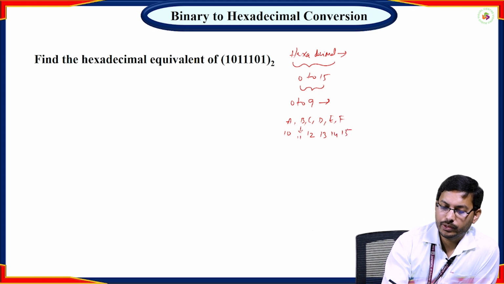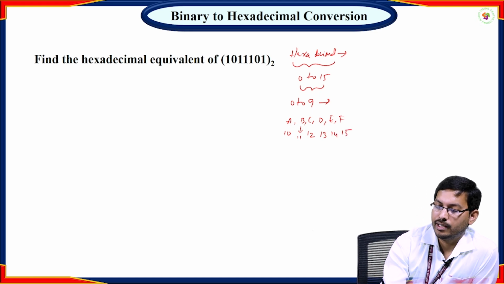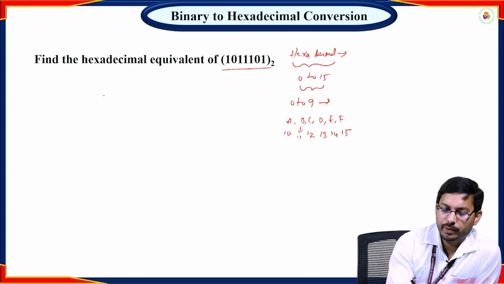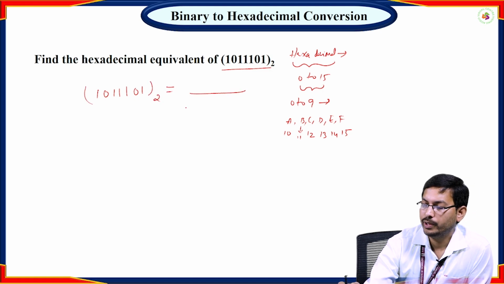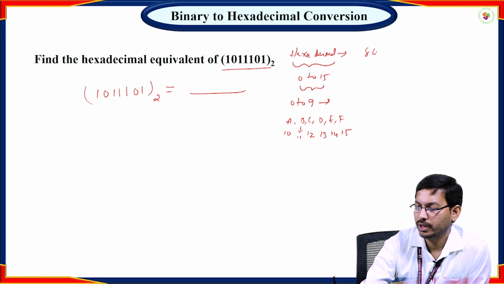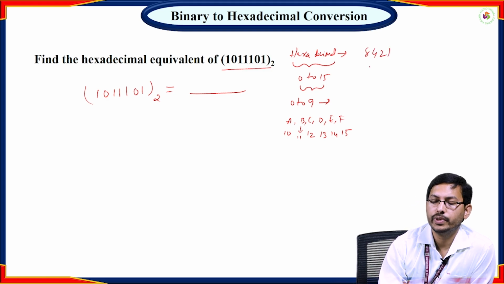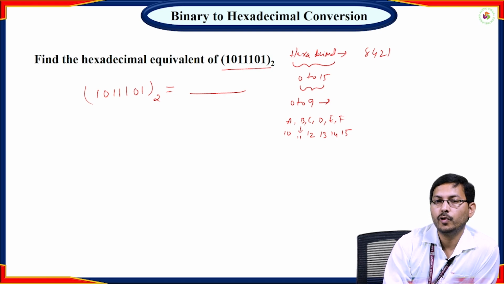Right. So now coming to this example problem. If you take the binary number 1 0 1 1 1, here 0. So this is our binary number system. We need to convert it into the hexadecimal number system. In the hexadecimal number system we use grouping as 4 bits.